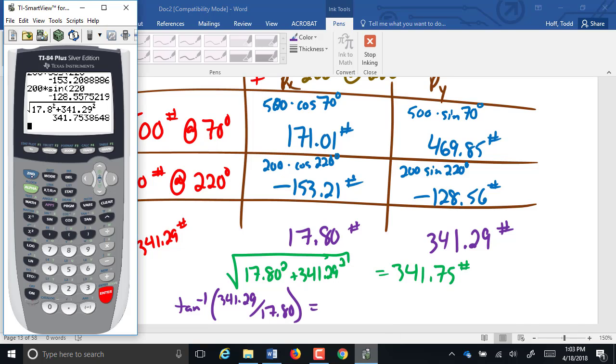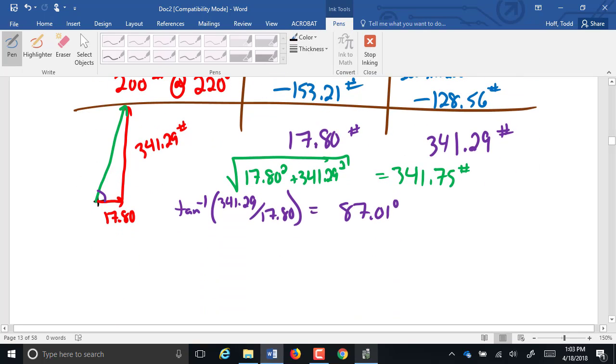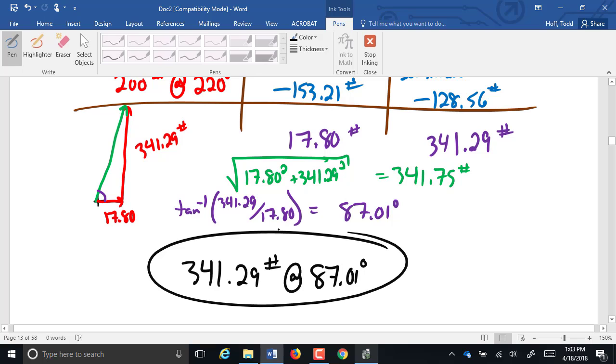Very good. 87.01 degrees. Do we have to subtract from 180? No, that is our angle. So what we get here: 341.75 pounds at 87.01 degrees.